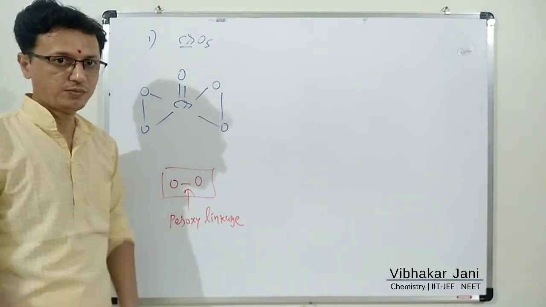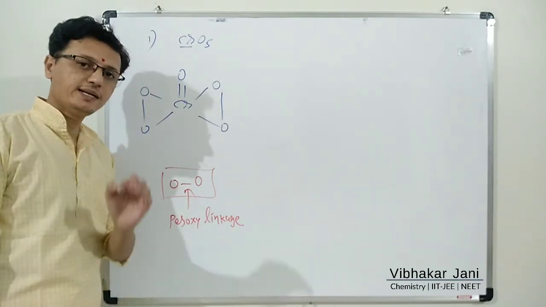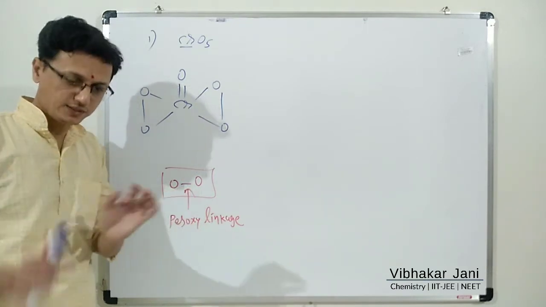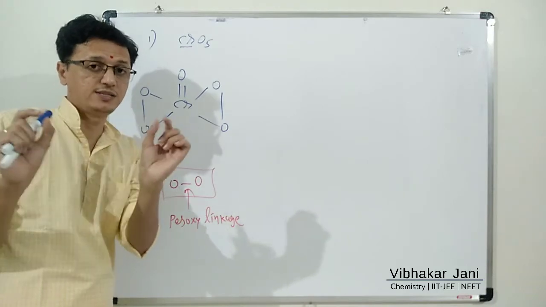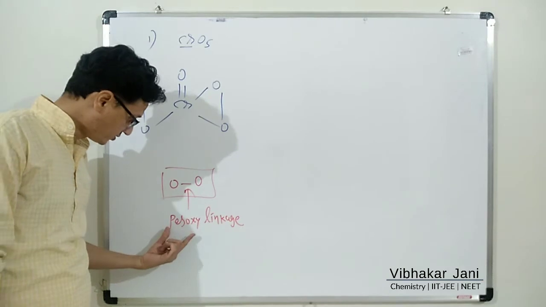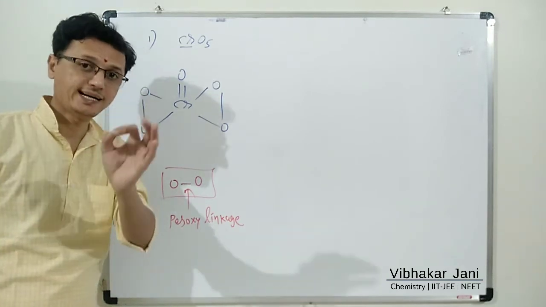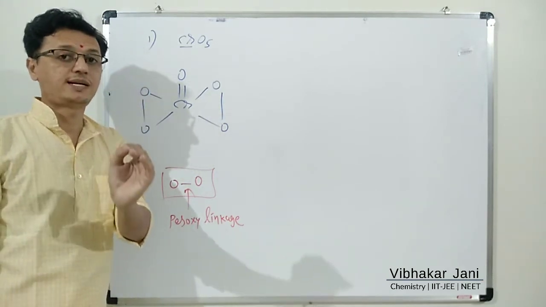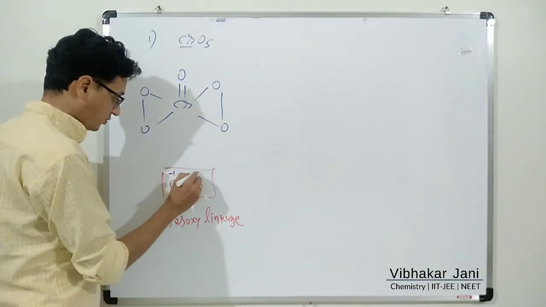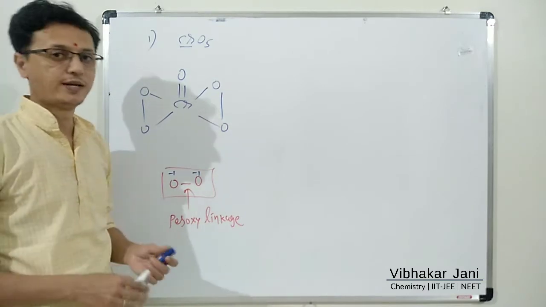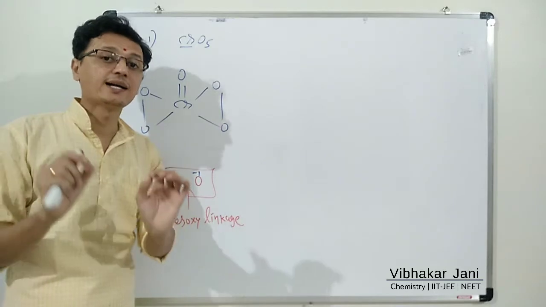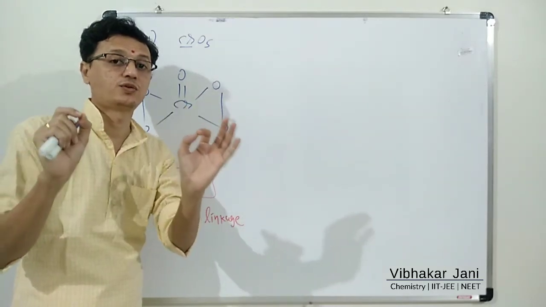You have to remember this: if 2 oxygens are attached with each other by a single bond, then such a linkage is known as a peroxy linkage, and the oxygens in a peroxy linkage have -1 oxidation state.